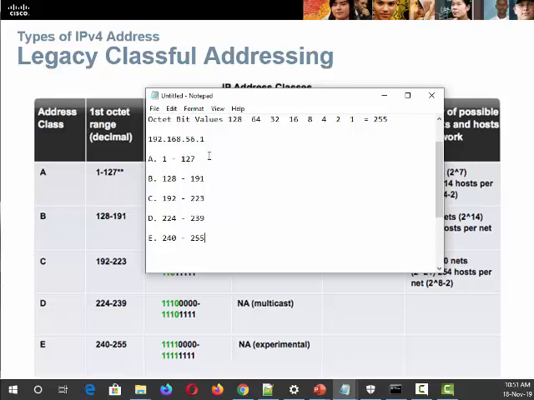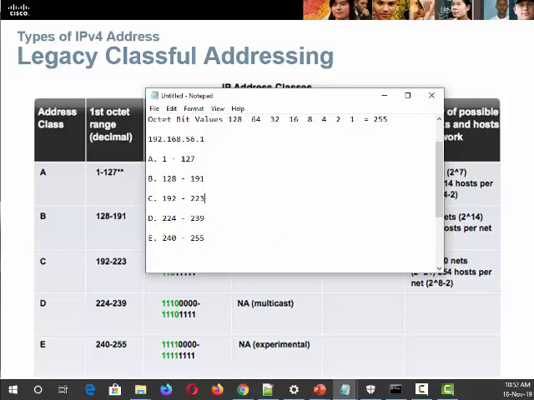Now, from class A to C, those ones are the ones that can be used in organizations. The remaining, like D and E, they are reserved for some special purpose.